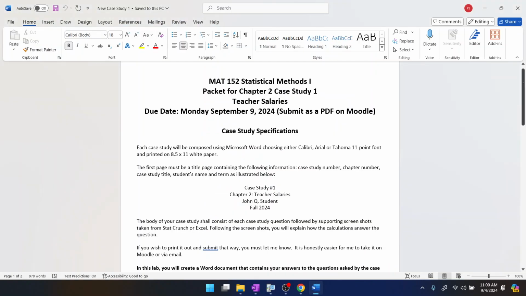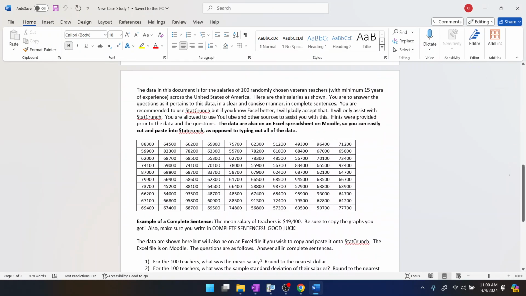So for the case study, a couple of you were saying that you only got 6 outliers, and I realized that was the case. I don't know what happened, but in other words, there's only going to be 6 outliers.